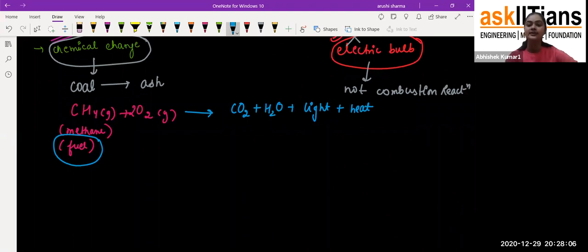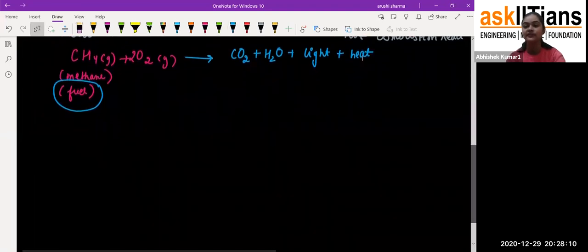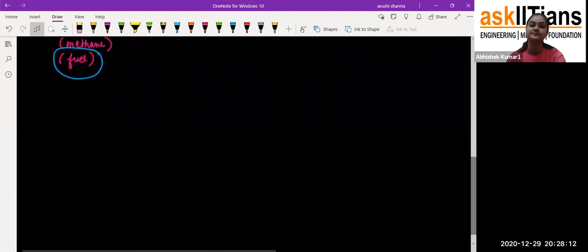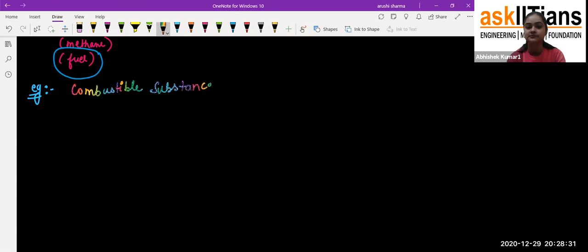Now it's your task again: tell me some examples of combustible substances. Here a new word comes up, combustible substances. What are combustible substances?